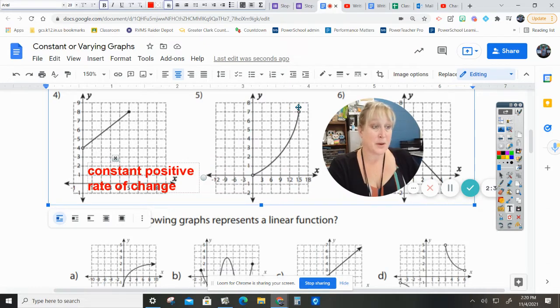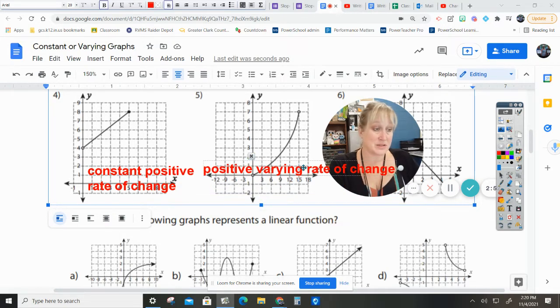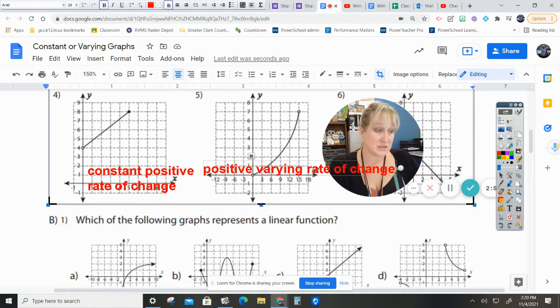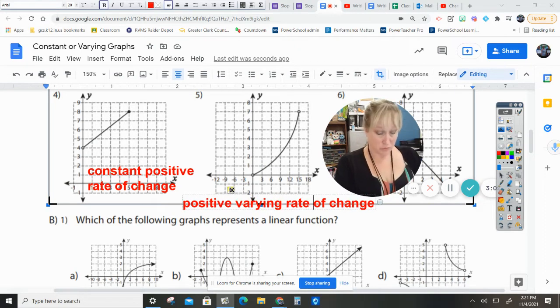And it is positive variable rate of change. You know that because it is going uphill, but it is not going uphill at, I'm having the hardest time writing with this. It is not going uphill in a straight line, so it is a variable rate of change.